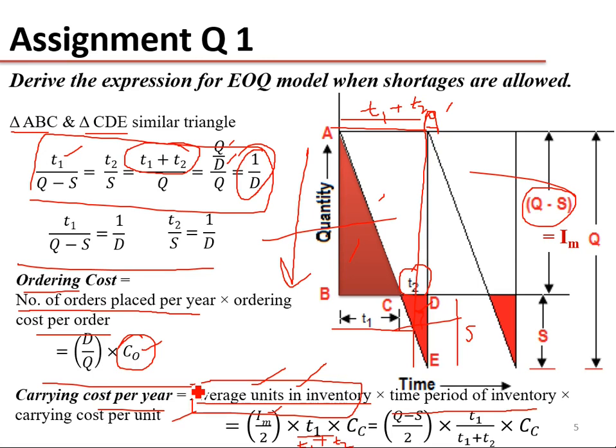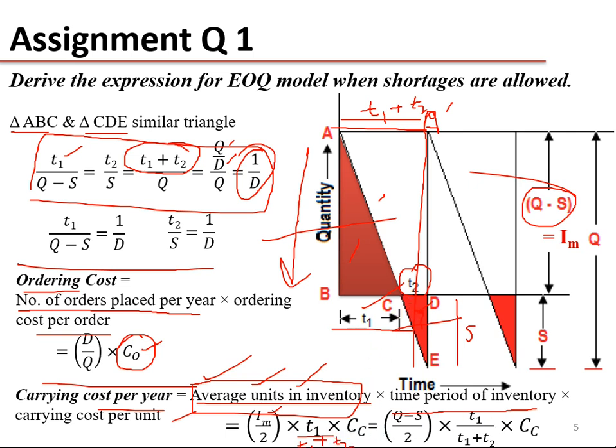We already know this thing that the average number of units in the inventory is IM by 2, and the time period of the inventory, we know that the total time period is T1 plus T2, and proportionally, for the time T1 from the cycle T1 plus T2, only for this time we are going to hold the inventory.